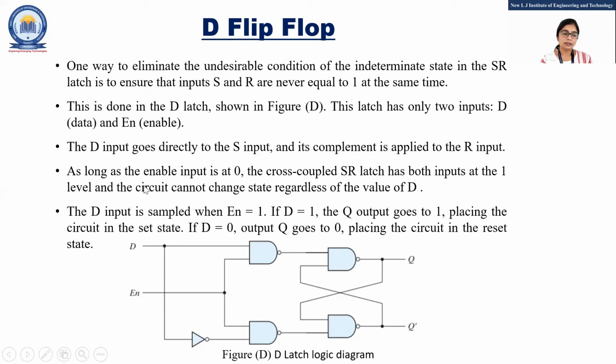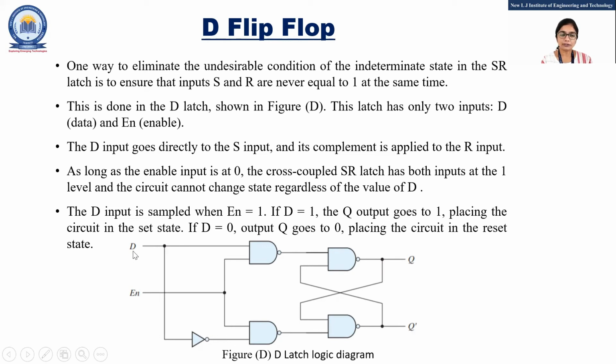Now suppose the enable input is 0. This circuit cannot change state regardless of the value of D. As we have seen in the JK flip-flop and T flip-flop also, whenever we apply J, K and T inputs as 0, there is no change in the output state.